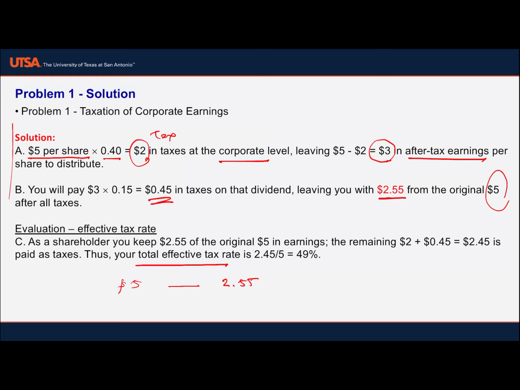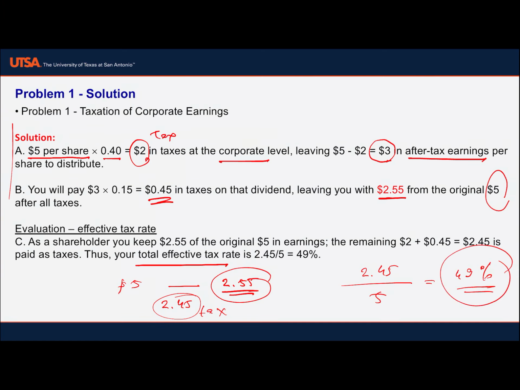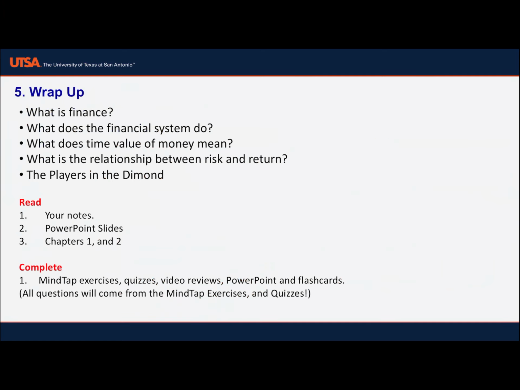We paid $2.45 in tax, and it leaves us $2.55. So how much total tax did we pay? $2.45 divided by $5 equals a 45% effective tax rate.